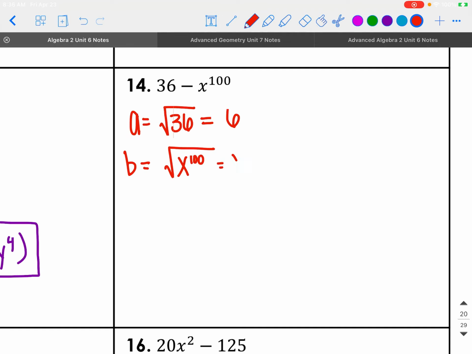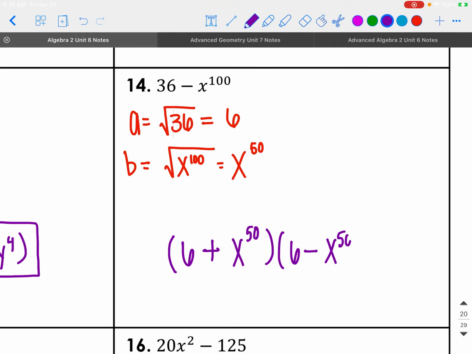And my B, that's the square root of x to the 100th, which is x to the 50th. Divide by 2. You don't take the square root of the exponent. You just divide it by 2. So my answer is 6 plus x to the 50th, 6 minus x to the 50th.